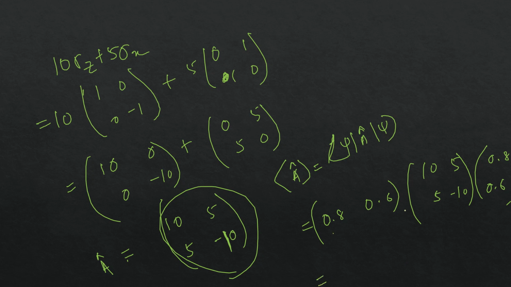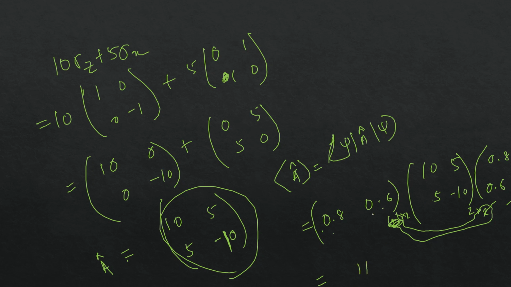This is a 1 by 2 matrix times a 2 by 2 matrix, so the result will be a 1 by 2 matrix. What will be the result? 0.8 into 10 plus 0.6 into 5, that is 8 plus 3, that is 11.